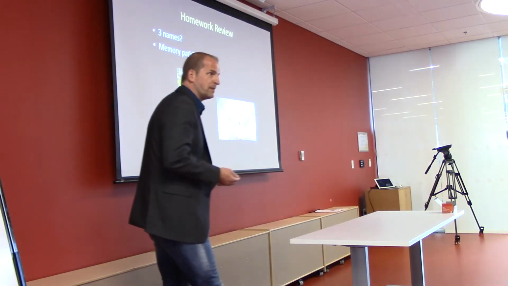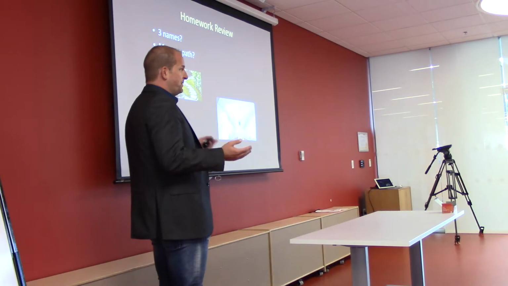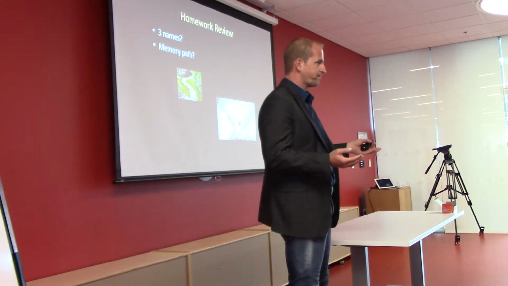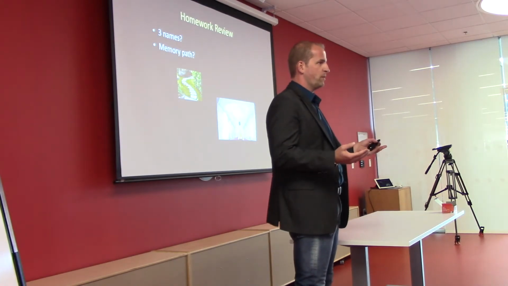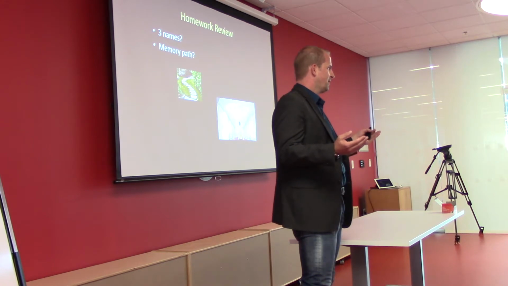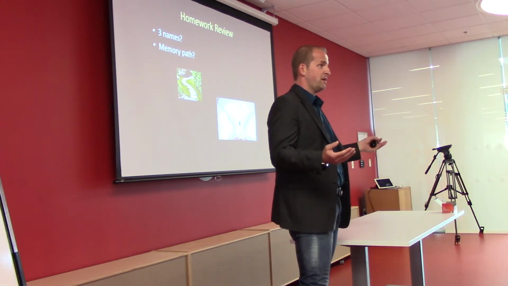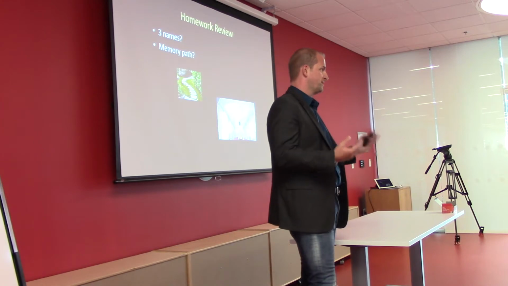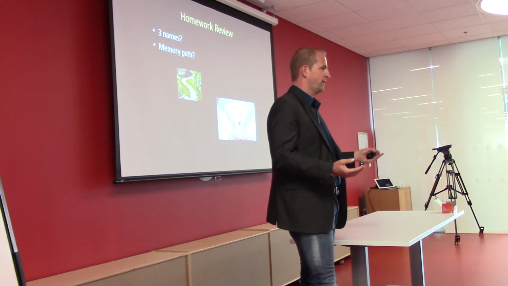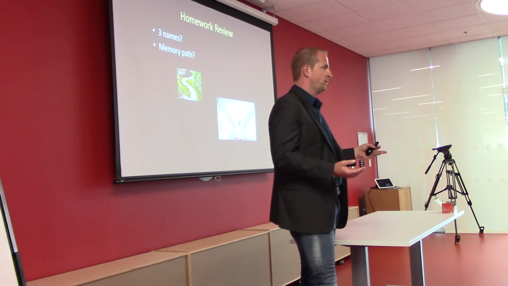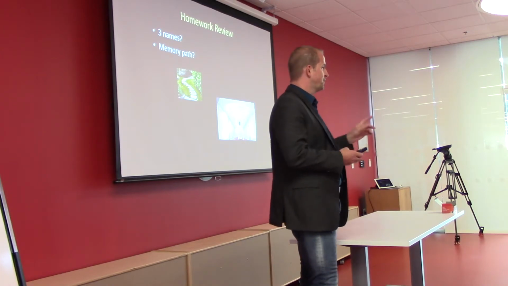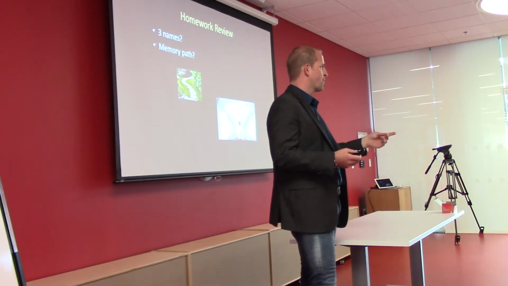Good, very good. So the other piece of homework we asked you to do is to come up with a memory path. And by the memory path, what we really wanted, if you recall, was to find, in your memory, some place. Often, a home is quite popular, but some place that you're very familiar with, that you could have 15 to 20 stops that you could go to in order and in the same order every time.